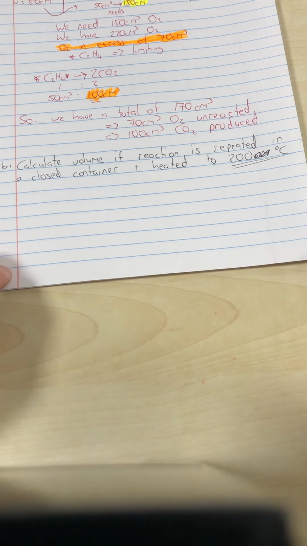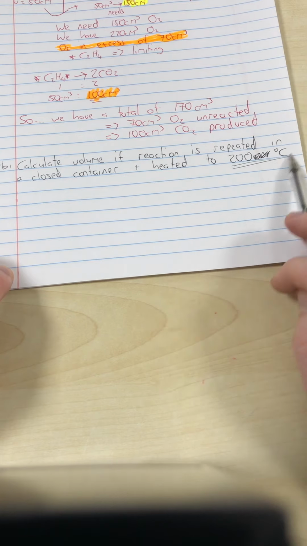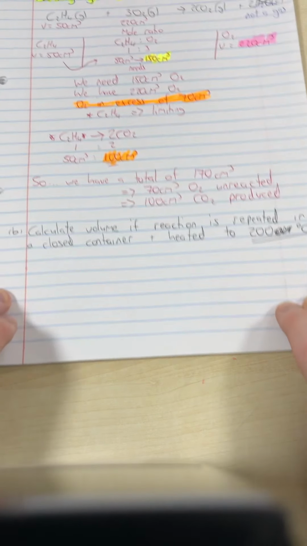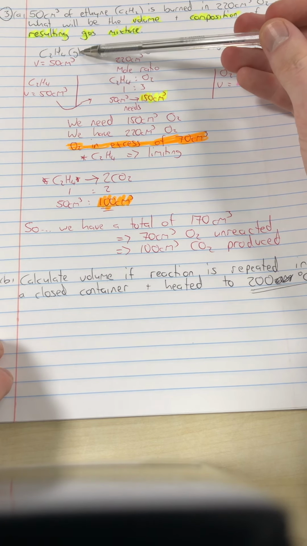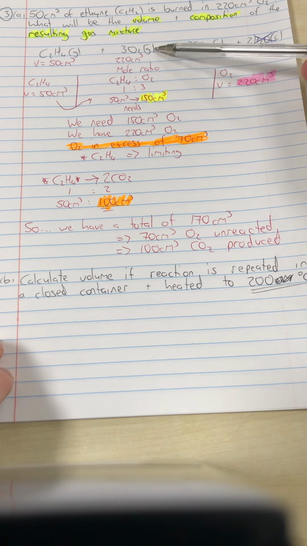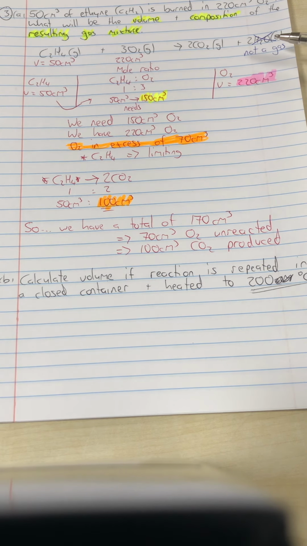Now you have to think, what happens at such a high temperature? If we look at the reaction, ethane, already a gas, oxygen, already a gas, carbon dioxide, already a gas, water, interesting. What's going to happen to water above 100 degrees Celsius?